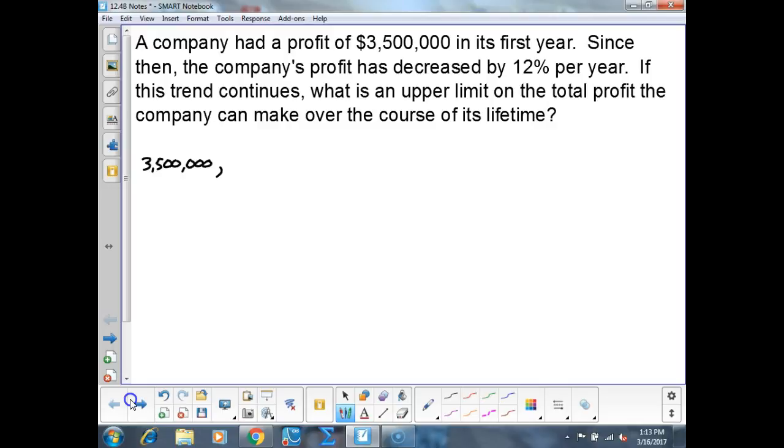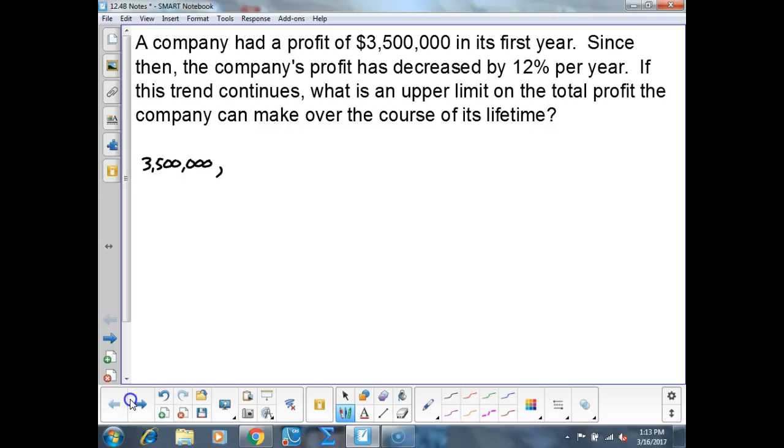Their second year, how much money did they make? $4,200,000 would be 12% more, right?